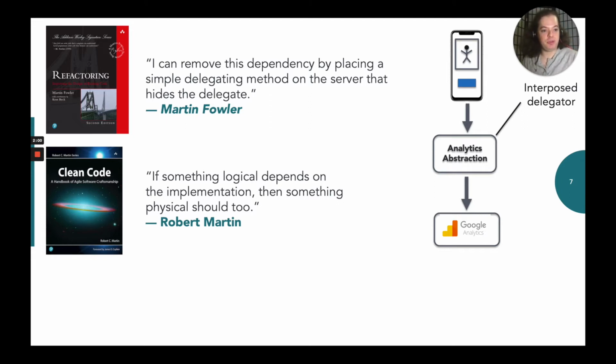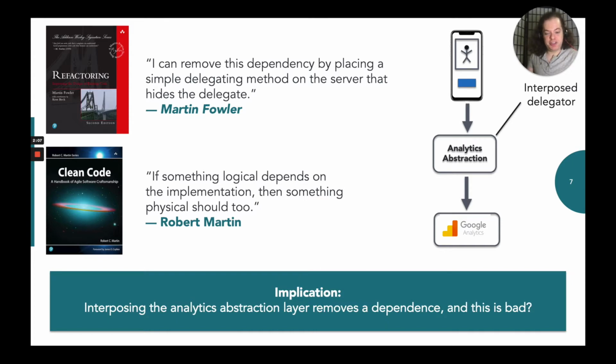There should be something in the program text that actually references the choice of which analytics framework I'm using. So you put these together, and these guys are like best buddies, basically. Then what I'm getting is that it does remove the dependence, and this is a bad thing. So you didn't have to look very hard to find something in tension.